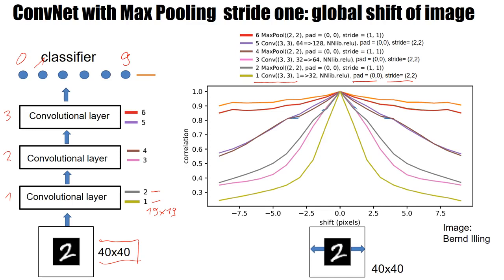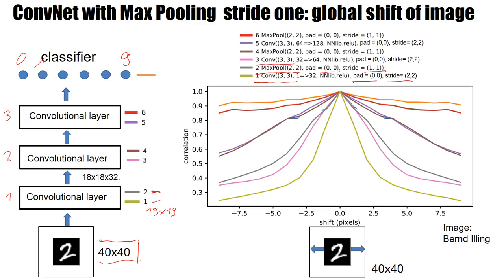Then this is followed by the MaxPooling step. MaxPooling is again over region 2 by 2. We do padding of 0. We have a stride 1. So after this first complex convolutional layer, the output is 18 times 18, and we have chosen to use 32 filters. And now we repeat the same thing again. Convolution 3 times 3.